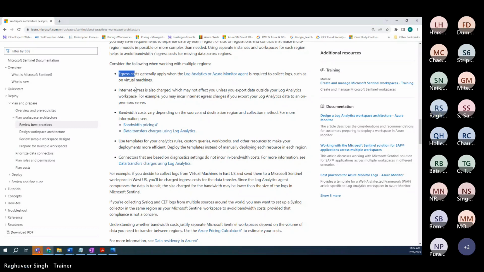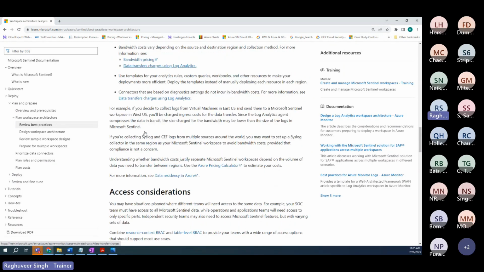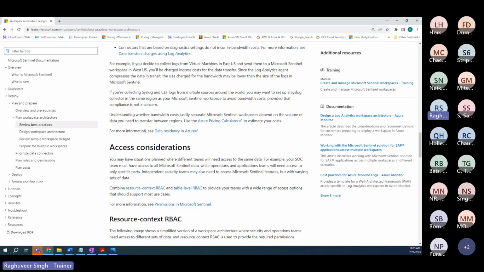It's a destructive design, because imagine the egress cost that you will have. You should rather create your workspace in West US and ingest the logs of these 5 VMs into West US from East US. So take the regional considerations into account also. Those 7 steps in the decision matrix contain all of this.